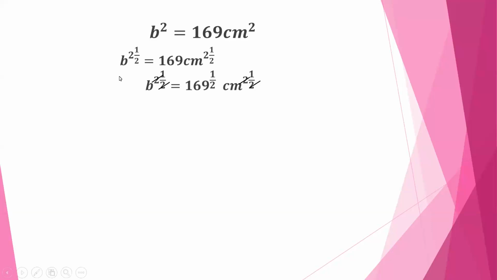You have B squared raised to the power half is equal to 169 centimeters squared raised to the power half, right? You should note that this centimeters squared is separate from the 169. So you have 169 raised to the power half times centimeters squared raised to the power half, right?